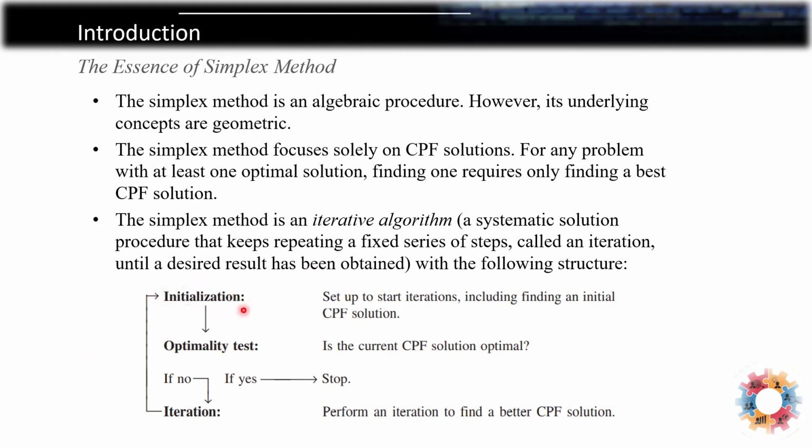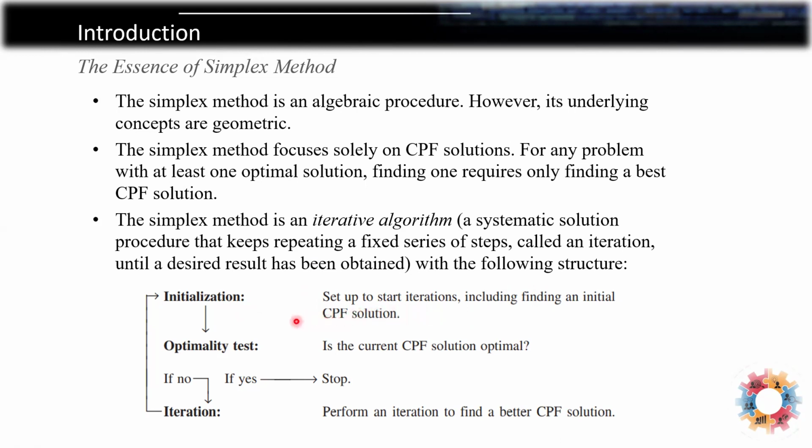You start from initialization. This is where you set up a table, which you call the tableau or initial tableau. In the initialization, you also find an initial CPF solution, which may or may not be the best feasible solution, or BF solution.